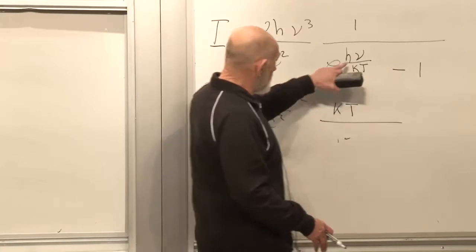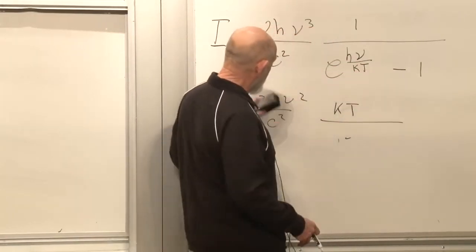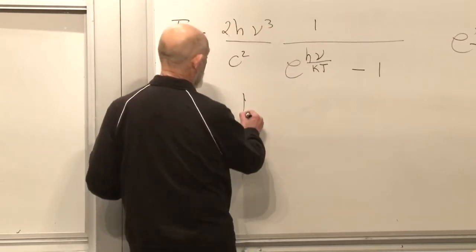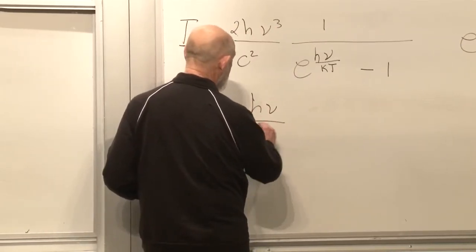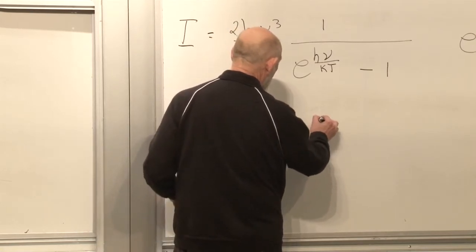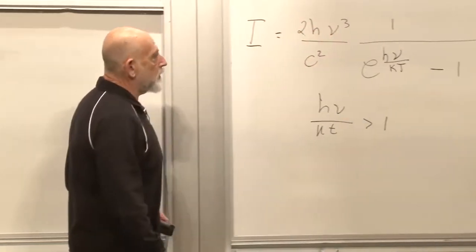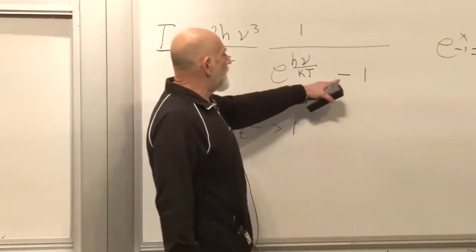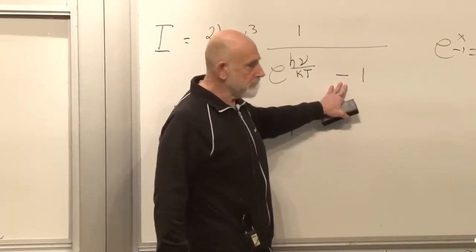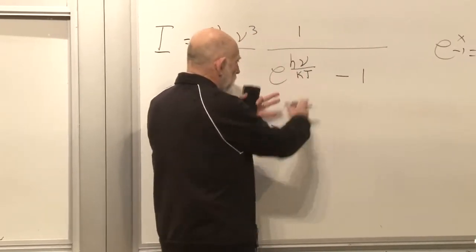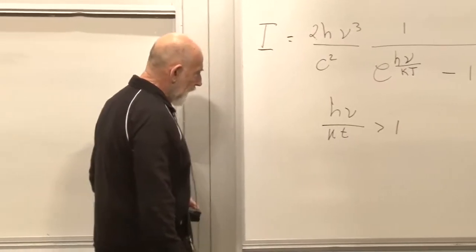So as nu becomes large, in particular when h nu over kT starts to become bigger than 1, this exponential starts to get large. In fact, it becomes so large that the 1 isn't even important here. And this whole factor just becomes exponentially small.